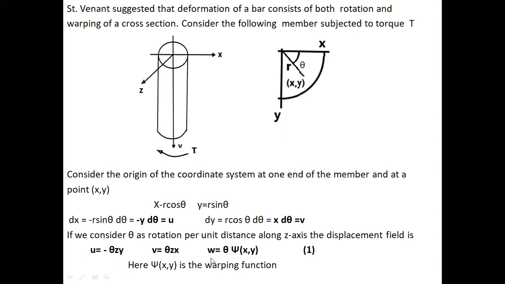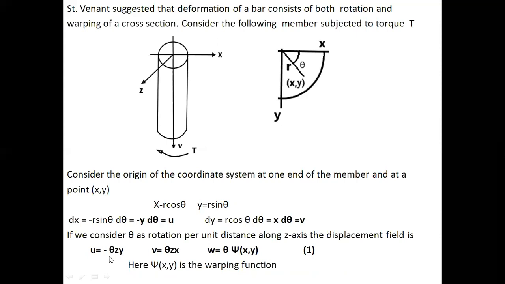So we denote the displacement in the z direction as theta psi x y. Psi x y is the warping function. Please look at it carefully. We are defining the displacement field in a component which is subjected to a torque, and hence there will be both twisting or rotation as well as warping.